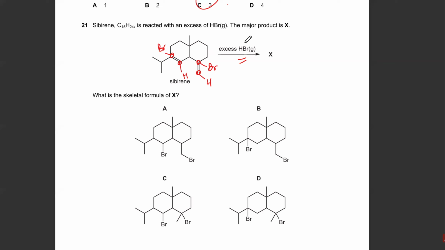The H likes to bond with the carbon that's already with more H's. So this one had 2 H's, now it's got a third one. So which one is the correct formula for this? It's D, right? The Br is over here and the Br is over here, right?